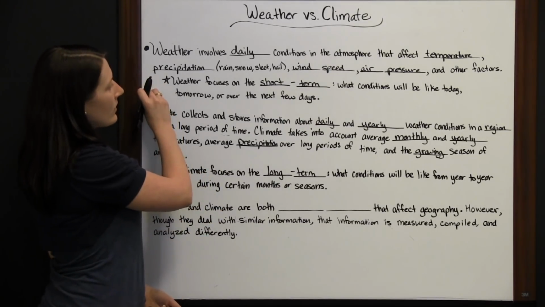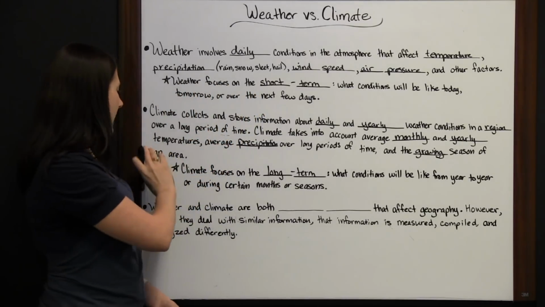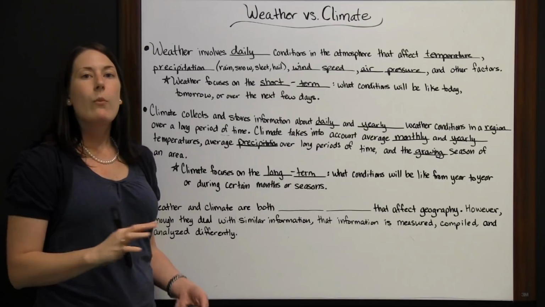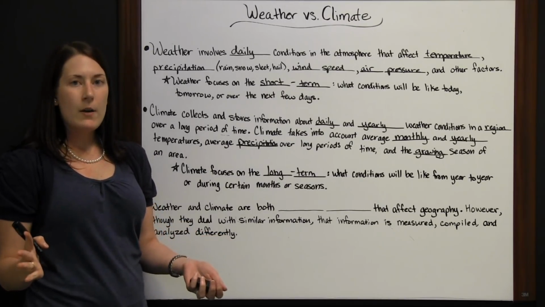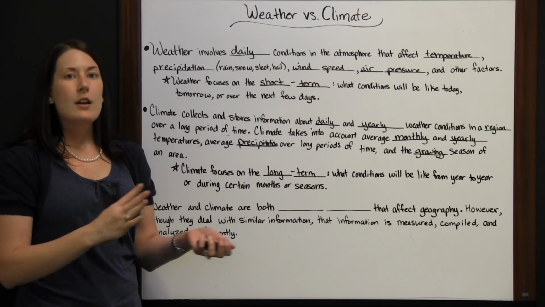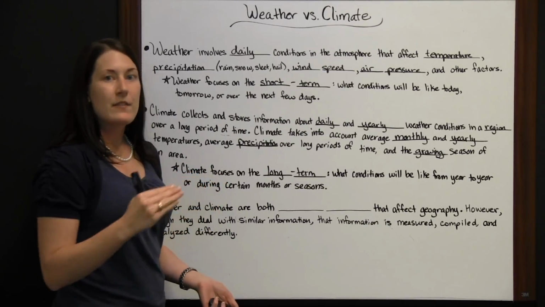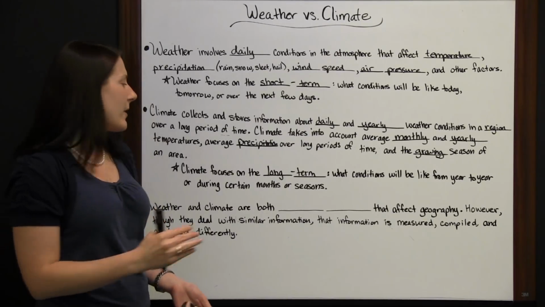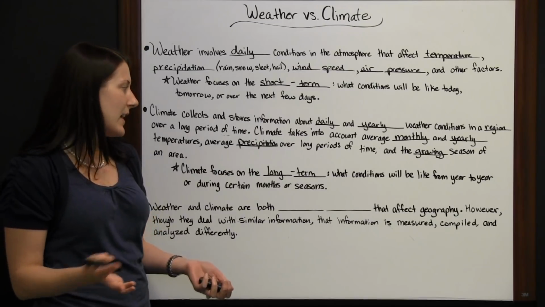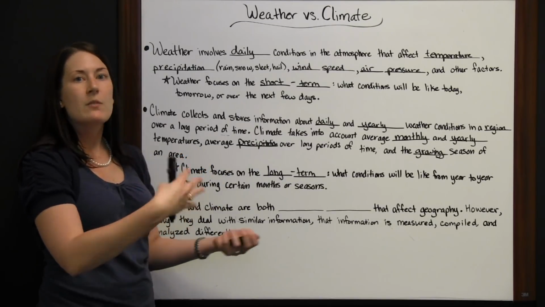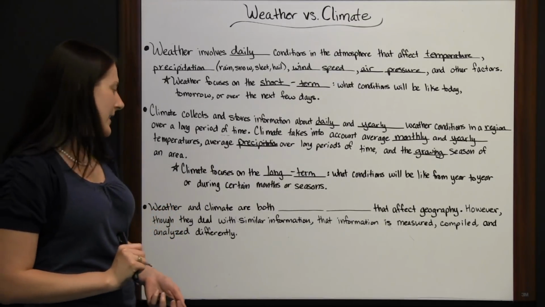So weather is short-term. It's more about what's going to be today, tomorrow, the next day. Climate is long-term, what the weather is going to be like in a specific area during a specific time of the year, a specific season or month. It can't predict down to the very day what temperatures will be like, but it can tell you on average what things will be like over a span of days. So climate is used to project more long-term, more big picture weather ideas.